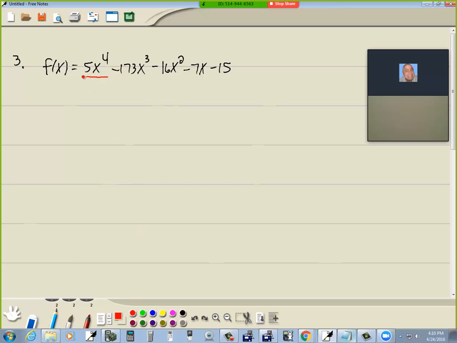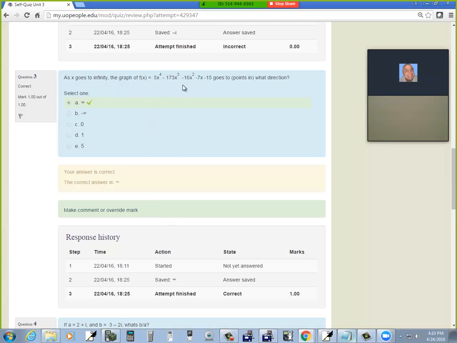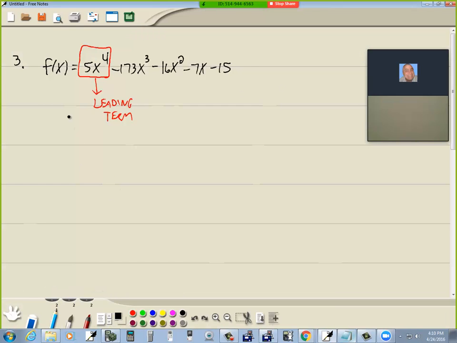This first term here is called your leading term. Now this problem's asking us, as x goes to positive infinity, the graph of this goes in what direction? How we determine that is based upon its leading term. Now it's got a coefficient.